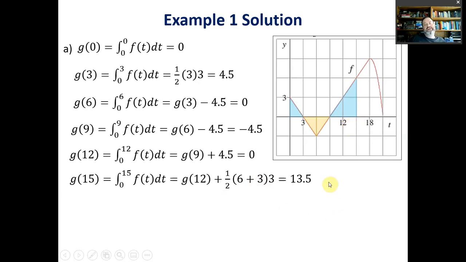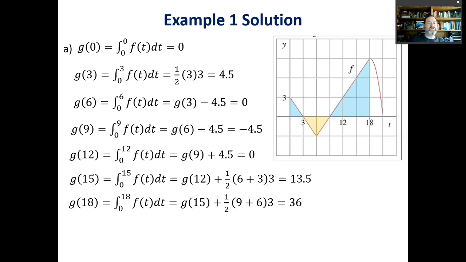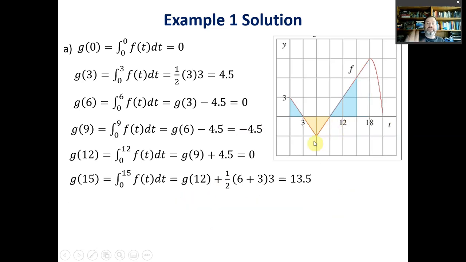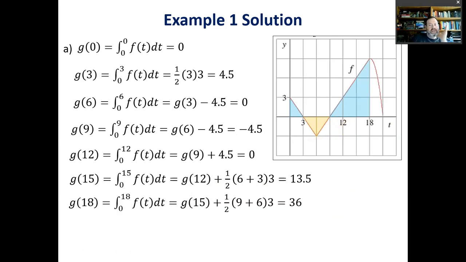So you get 13.5. Now we're going to 18. It's another trapezoid. Right, so we're tacking on this little extra trapezoid. So we take our old amount. So we take this part, add that part, type it all into your calculator. You get 36. Nothing fancy happens here.